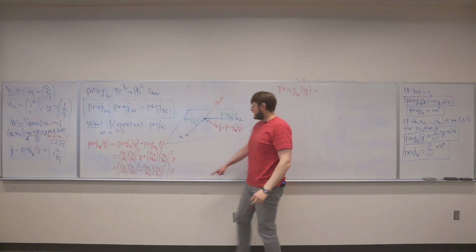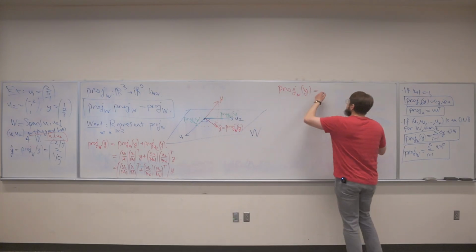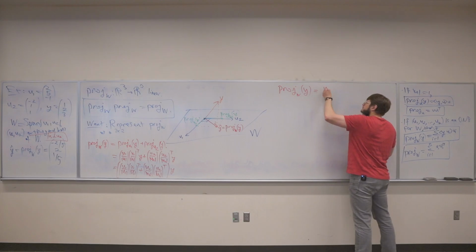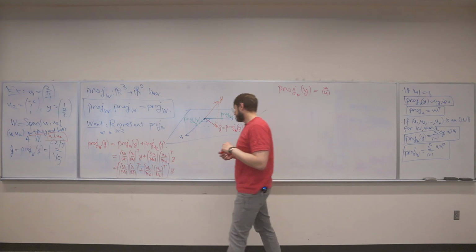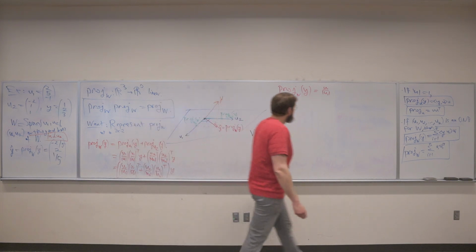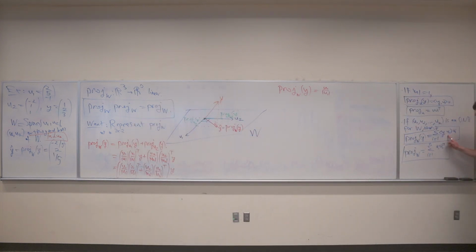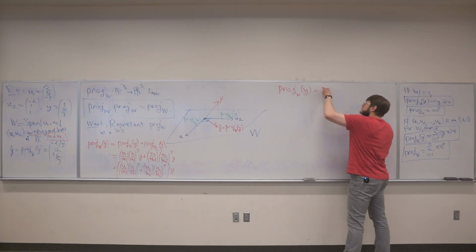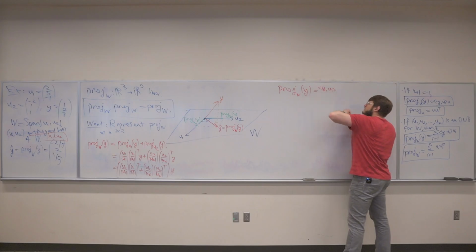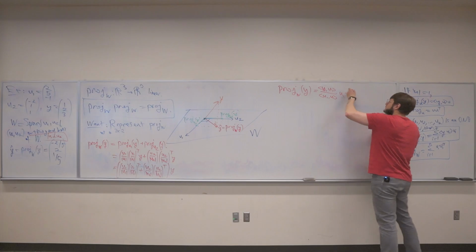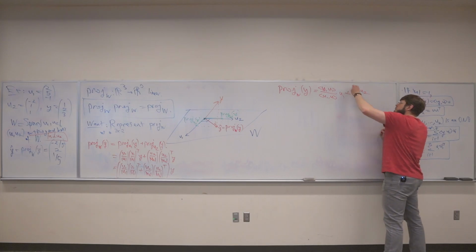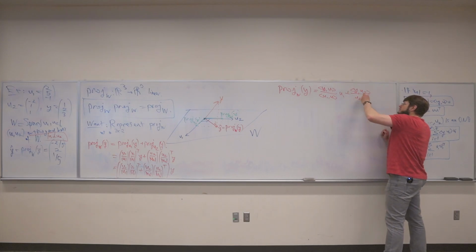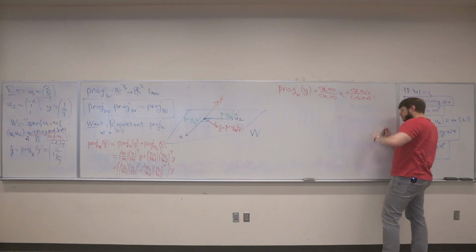In fact, I'll go one step beyond and I'll try to use this formula. It's slightly better. So this is y against u1 divided by u1 against u1 times u1 plus y against u2 divided by u2 against u2 times u2.